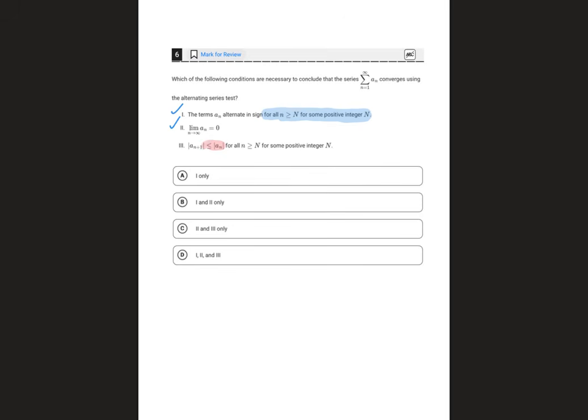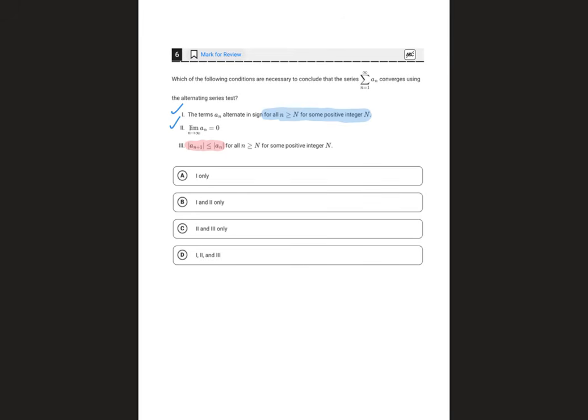So this little phrase is saying that the absolute value of the terms are decreasing, right? It's saying the third term is bigger than the fourth term, and really the fourth term is smaller than the third term. The 10th term is smaller than the 9th term. The 100th term is smaller than the 99th term, right?